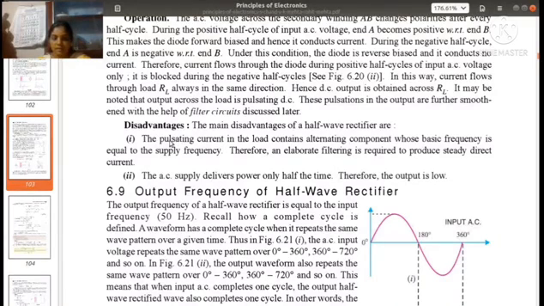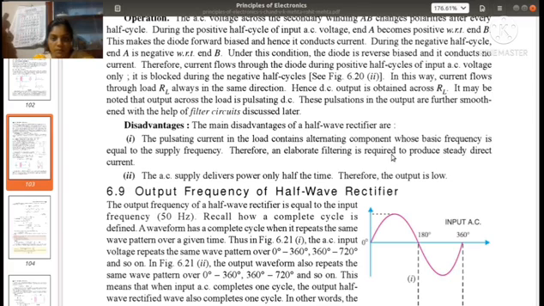This is one disadvantage, which means the output is low. And the second one is that the pulsating current in the load contains an alternating component whose basic frequency is equal to the supply frequency. Therefore, elaborate filtering is required to produce steady state current. So pulsating DC is one disadvantage, and only half of the input supply is rectified or delivers the output.